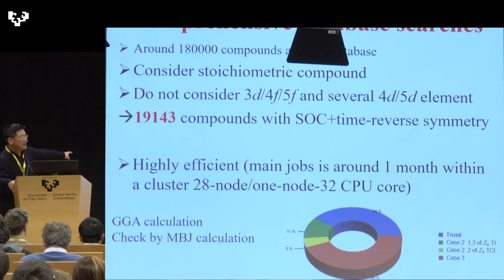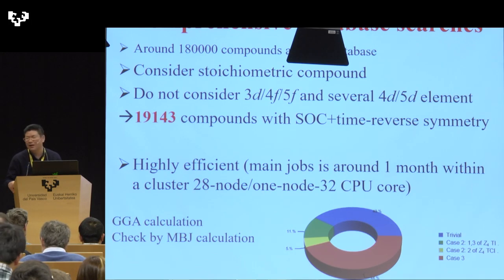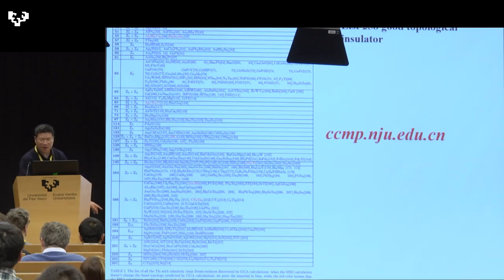We use Wien2k GGA, double-checked by MBJ. You may say, Xiangang, that is very heavy calculation. No, we finished all the calculation in about one month, using my cluster, not our university computer. It's a small computer, as you can see.